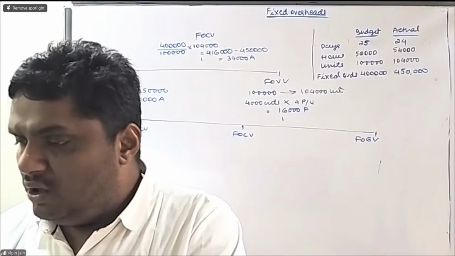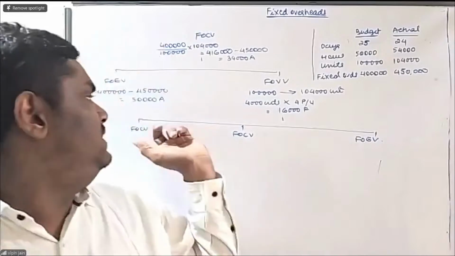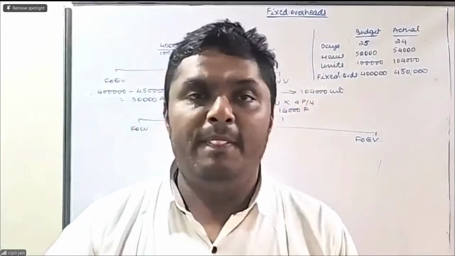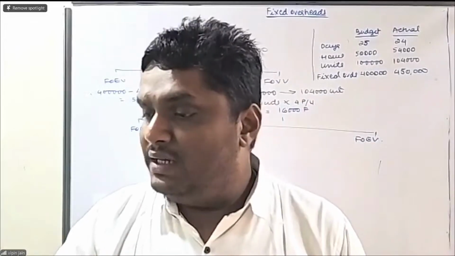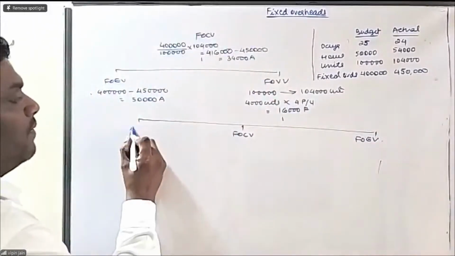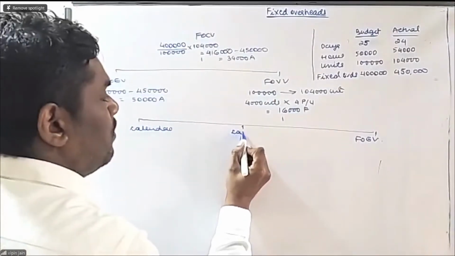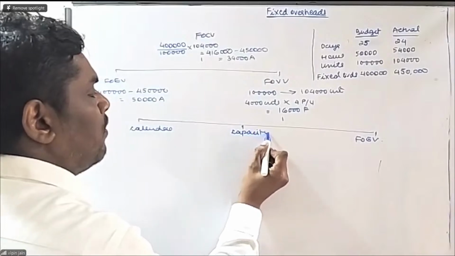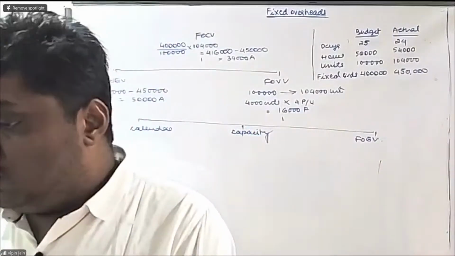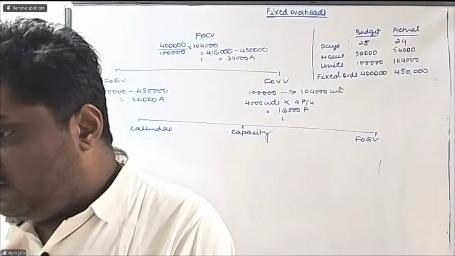So now do write capacity, efficiency, and calendar because it's everywhere C and C. So do post calendar, capacity, and efficiency. Do write the complete name. So waiting for your answers. So I've received answer from Dev Kumar and Nitin. Very good, guys.